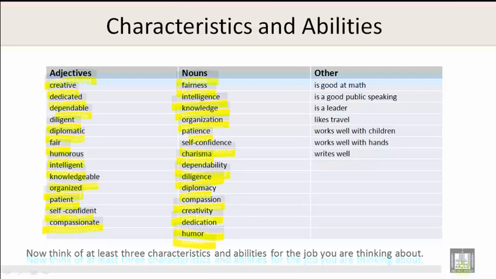Under the category other, you can say is good at math, is good at public speaking, is a leader, likes travel, works well with children, works well with hands, writes well. Now think of at least 3 characteristics and abilities for the job you are thinking about.